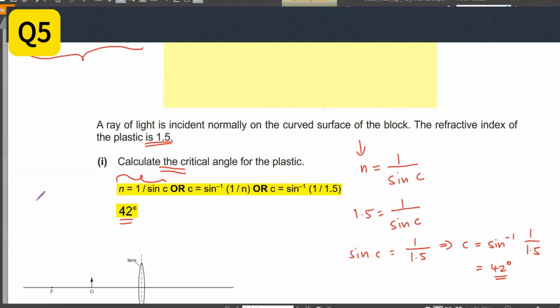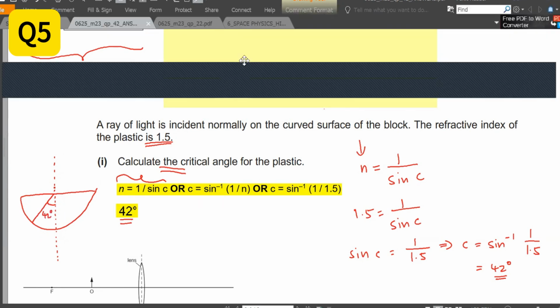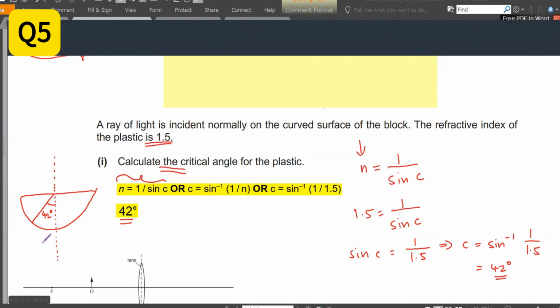Okay. So what it means by that is, so this is our block here. So let's say this is the critical angle, 42. If we shine the light at an angle of less than 42, what we will get is refraction. So the light will bend away from the normal because we're going from denser to less dense.